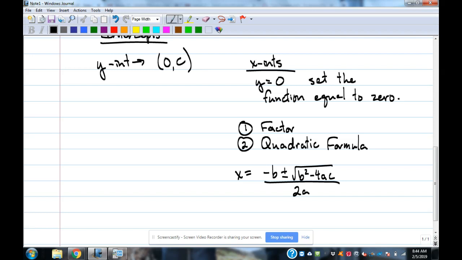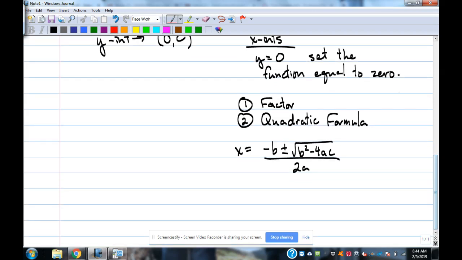But anyway, what is this stuff under here called? That part underneath the square root, the b squared minus 4ac.